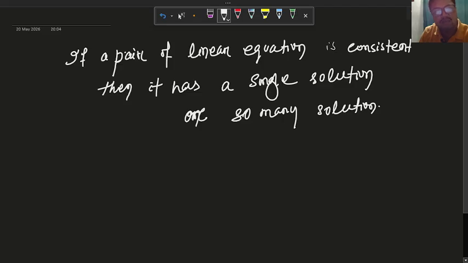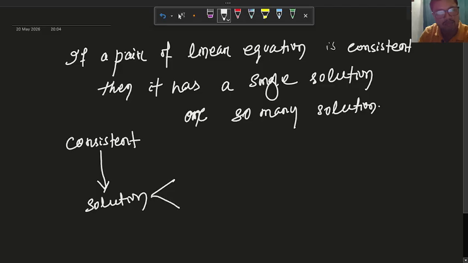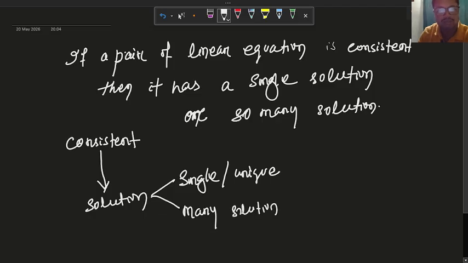If a pair of linear equations is consistent, then there is a solution, and the solution may be a single solution, that's called a unique solution, or we can say many solutions.